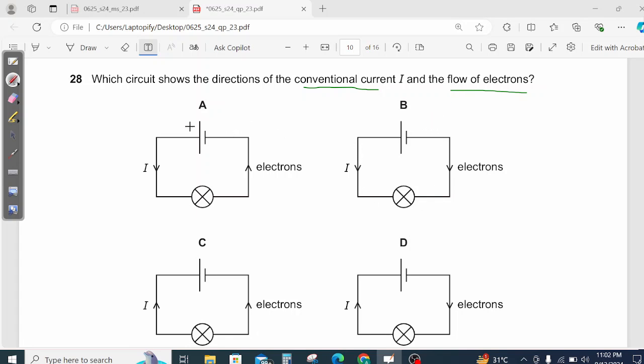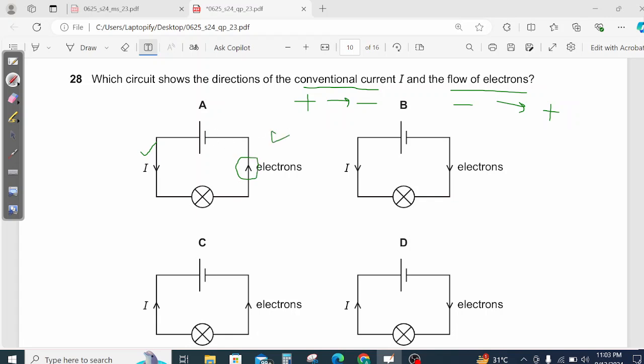So if you look at this one, this is the correct direction of conventional current, positive to negative, but the direction of electrons will be negative to positive here, right?